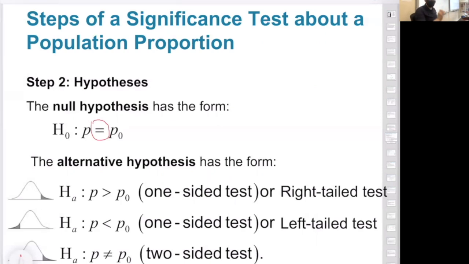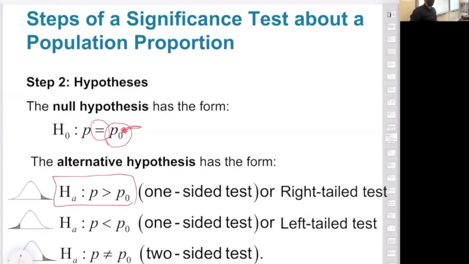P, the population proportion, is equal to a specific or particular number. This number we call p naught. But the alternative hypothesis has different forms. For example, maybe someone comes to you and claims that no, the population proportion is not equal to this number. It's greater than this number. So you have this alternative hypothesis.